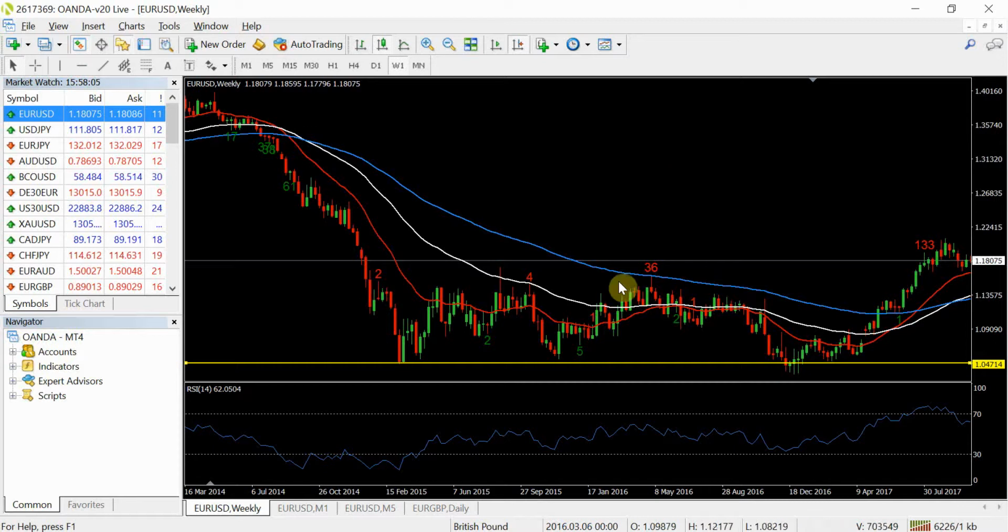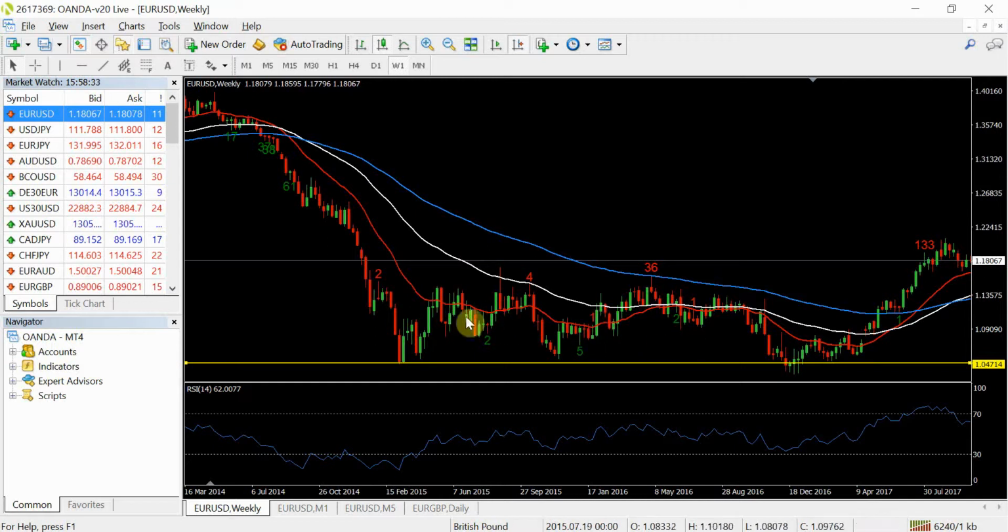So why is this pin bar a good indication that price was going to turn off over here? There are a couple of reasons. The first reason is that price is rejecting a significant moving average, in this case the 100 period moving average. The second reason is that you still have all three moving averages intact in the right order.